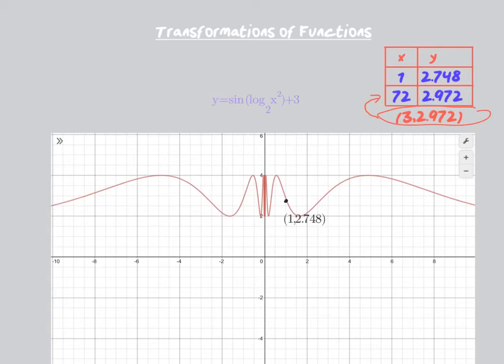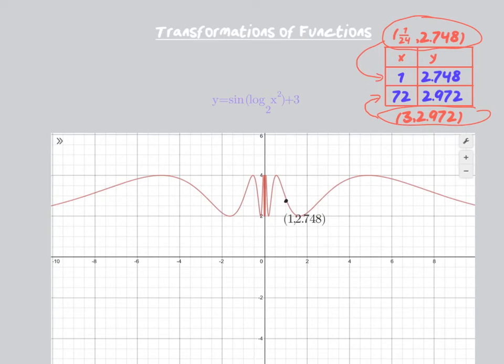And we also had a point of 1/24 originally, 1/24, 2.748. That was 1/24 of a day, so an hour. And now that we've stretched that by a factor of 24, that became 1, 2.748.